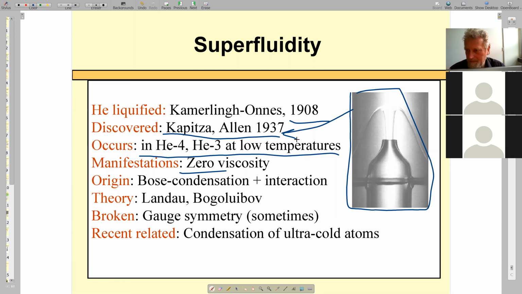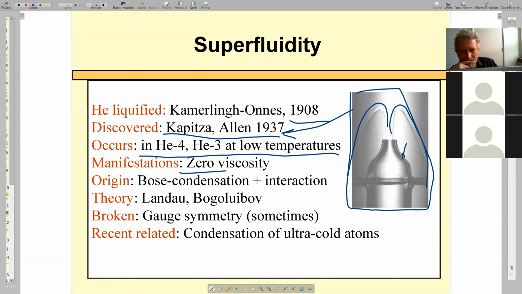It's not pumped. They just put a vessel with superfluid on the lab table, and the liquid flows out of this fountain without any friction, without dissipation.